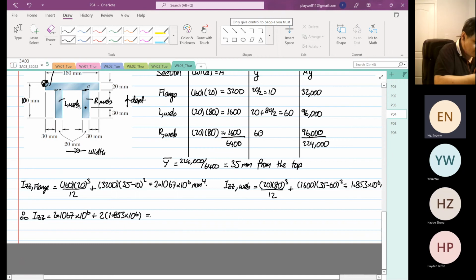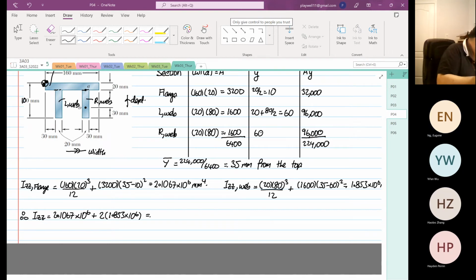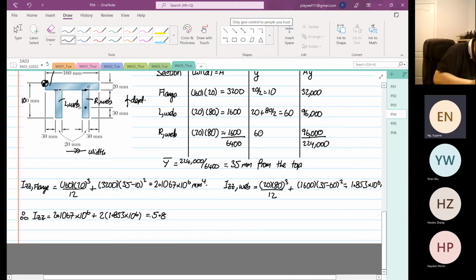By 2 times 1.853 power 6 is equal to 5.813 times 10 to the power 6 millimeter power 4.